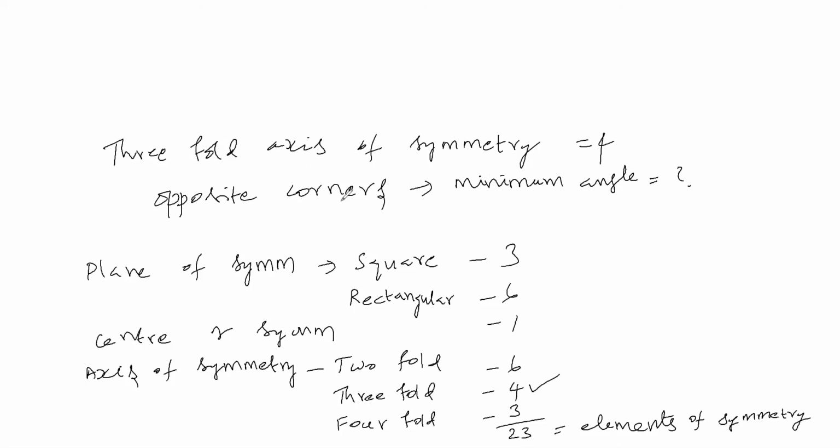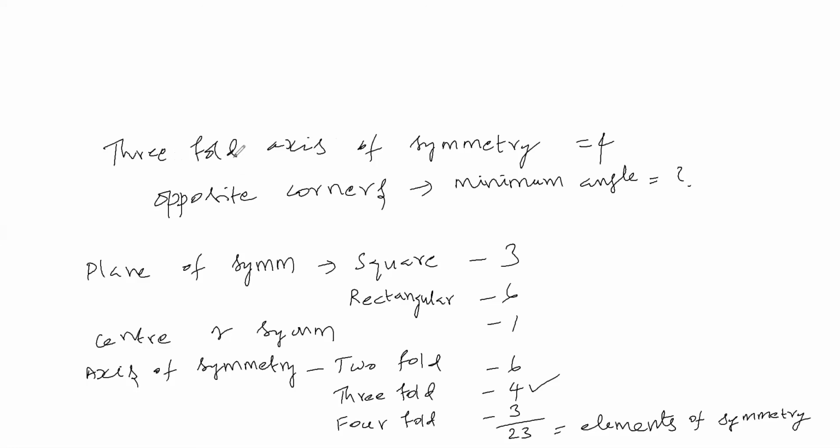Threefold axis of symmetry means axis is passing through opposite corners. Threefold in the sense on one complete rotation we are getting 3 times similar image. One complete rotation means 360 degree.